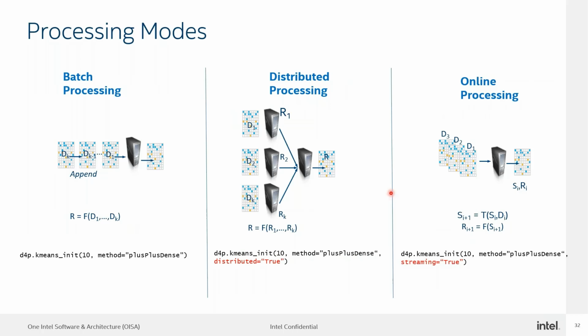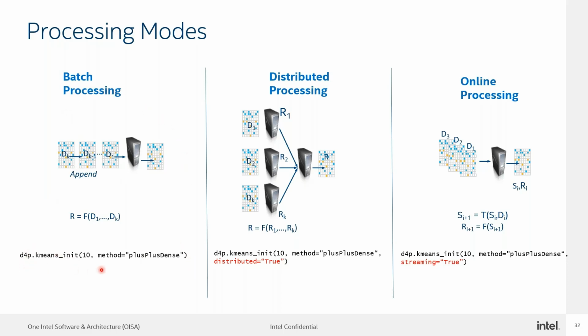As we just mentioned at the beginning, DAAL4Py has three methods of data loading and processing. The most commonly used one is the batch processing, which means we load all this data set together into memory and then we do the computation.